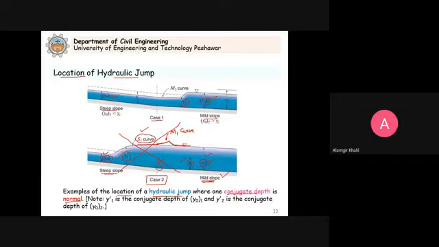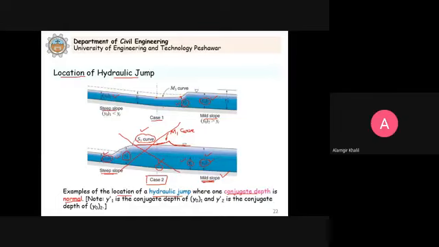So this y2 dash is the conjugate depth of y02, and this y02 is the conjugate depth of y2. So how to calculate this y2 dash? This is what we discuss. So you calculate this. Now at this point here, the normal depth is here. We already calculated, and this y2 dash will be greater than this.